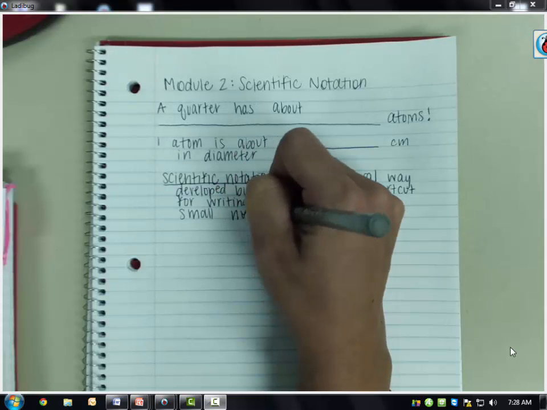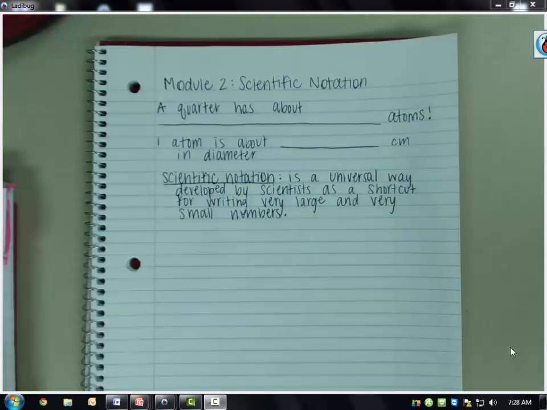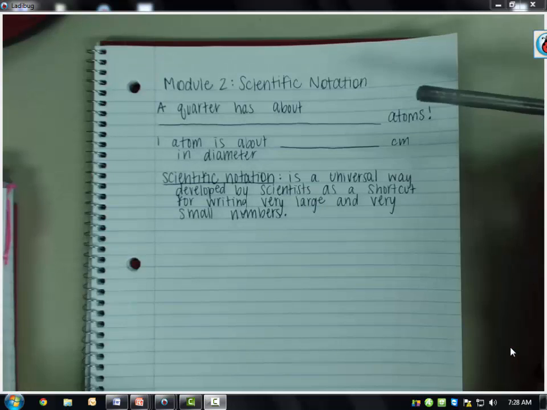Alright, so these are going to be either a very big or a very small number because we know atoms are small.